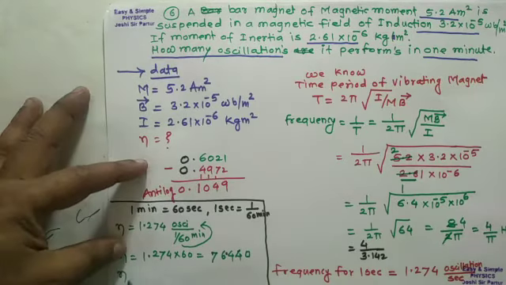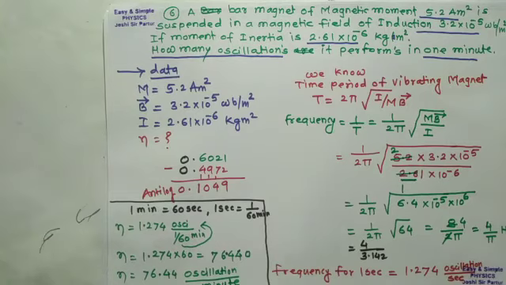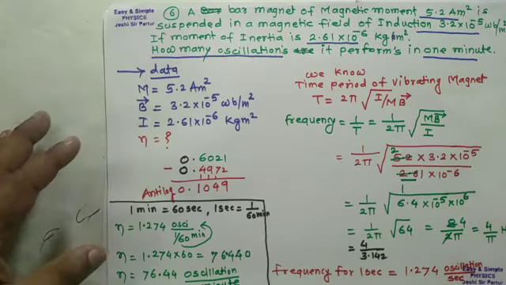So here n is equal to 76.44 oscillations per minute. Means we can calculate first of all for 1 second and then we can calculate per minute.